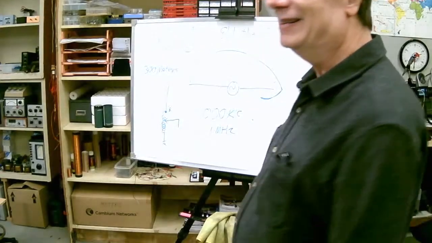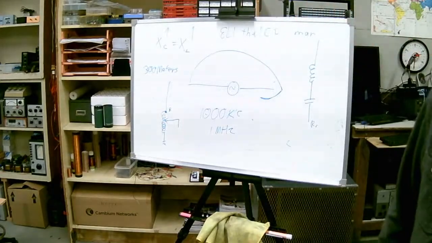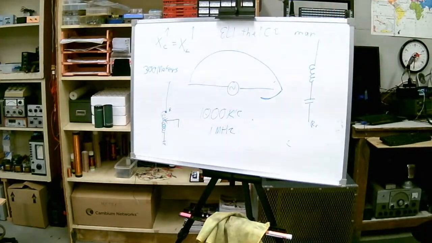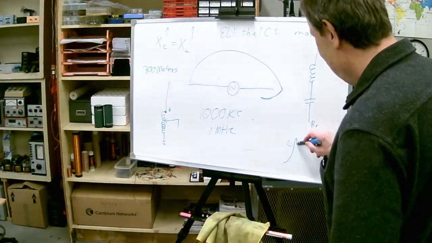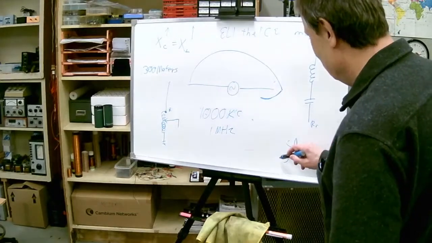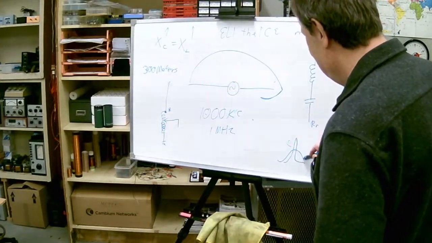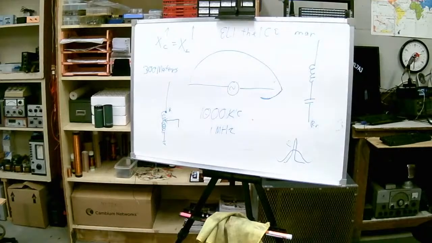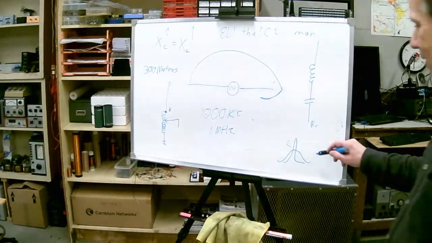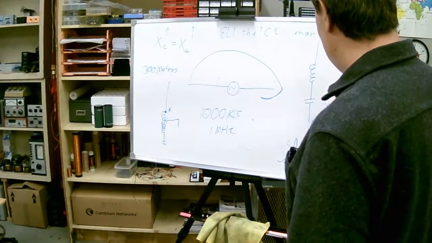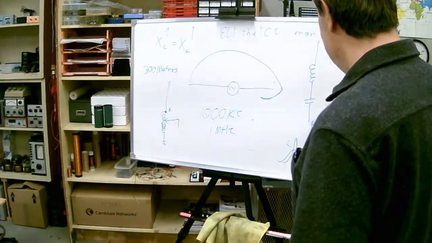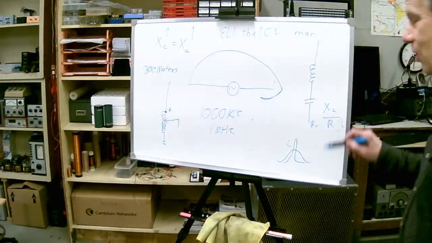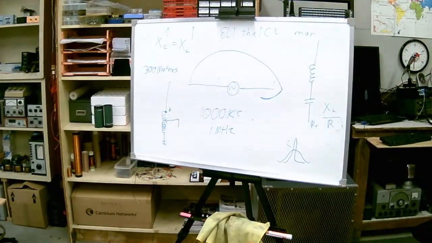Remind me again, where were we using Q on what circuits? Tuned circuits, resonant circuits, where we show the bell curve. It's got high Q, it's very narrow. Now, remember it's X over R, generally X of L over R. So if R goes down to nothing, what's going to happen to the Q?